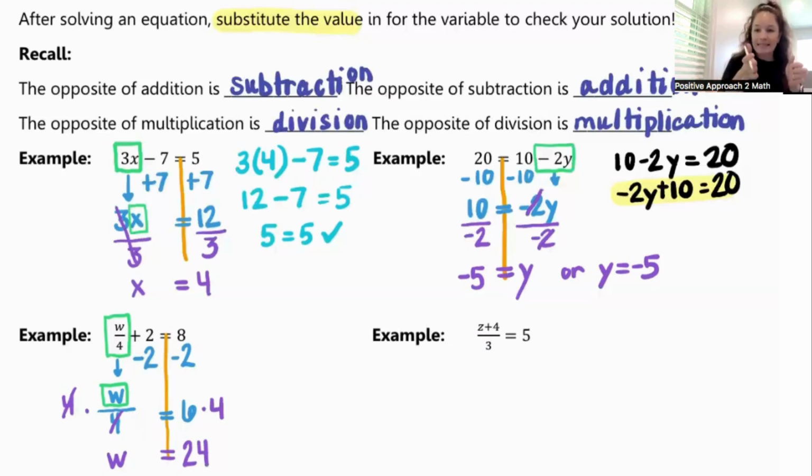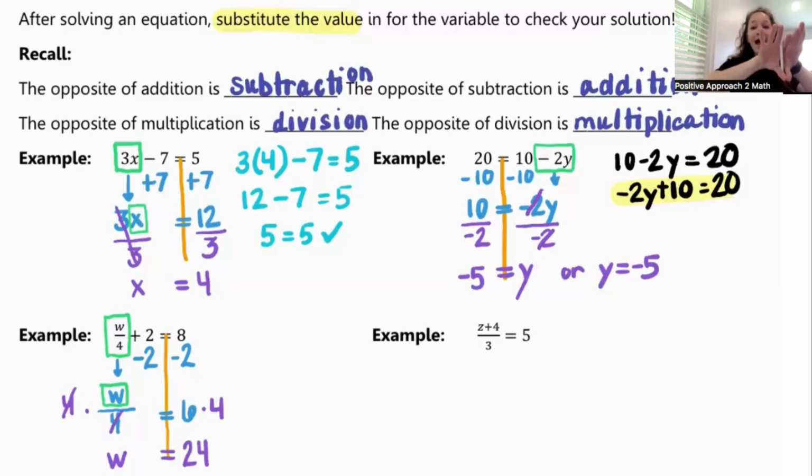We dealt with a really skinny fraction, and now we're dealing with a beefier, chunkier fraction, right? I want you to recognize that the plus 4 that's attached to the z is also being divided by 3. Whereas in the example we just did, the plus 2 was not being divided by 4. Okay?